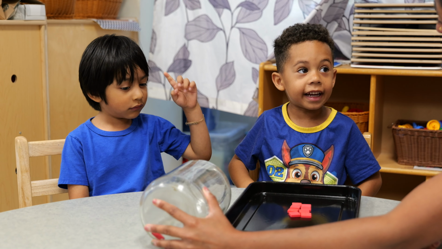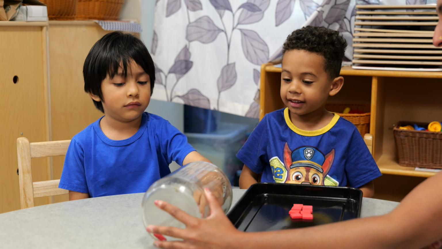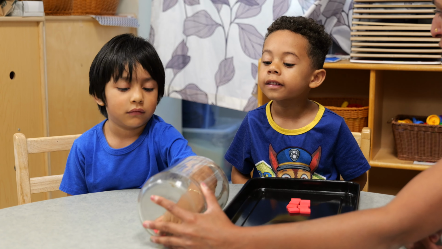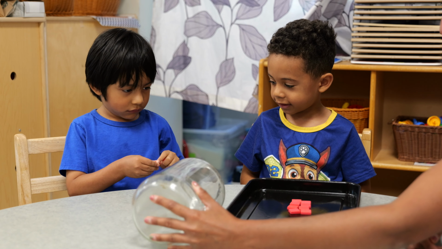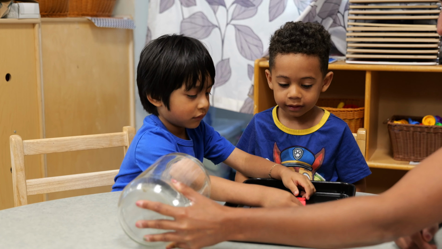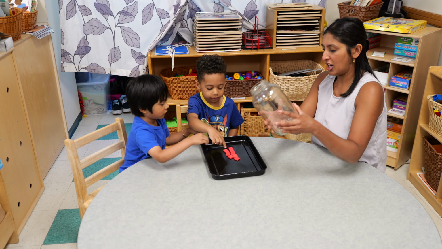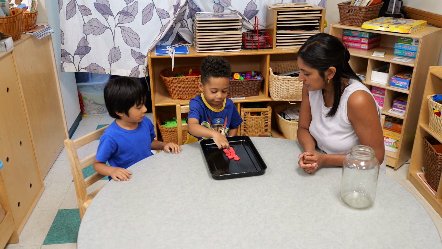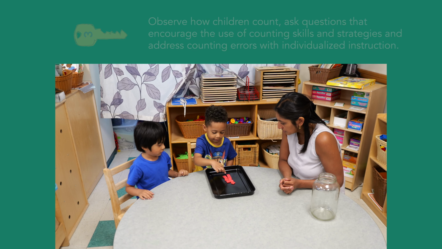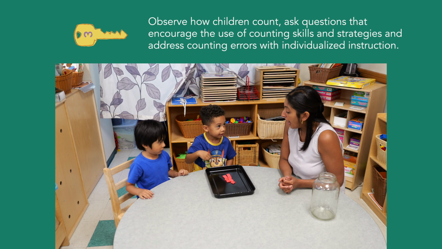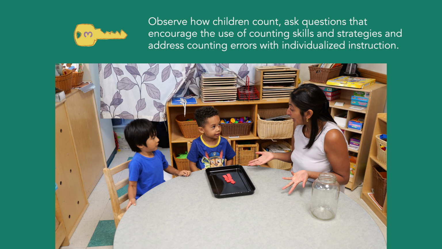How many? 8. 8 squares. And looks like there's 2 more. Okay, they're all out of the jar now. The jar is empty. 3, 4, 5, 6, 7, 8, 9, 10. How many? 10. 10 squares?